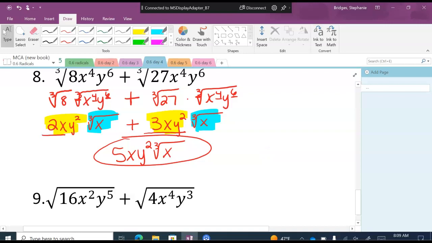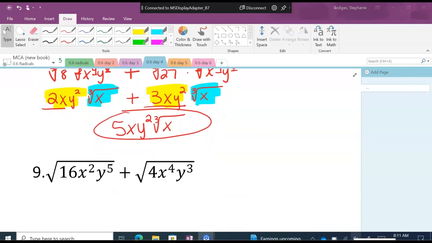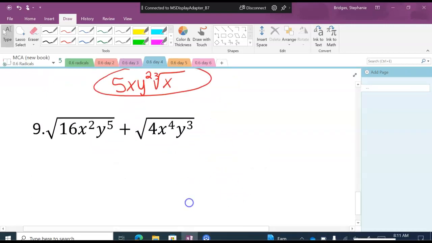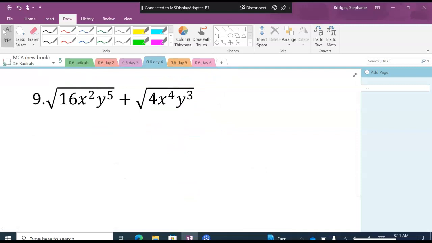Simplify each radical. And again, in order to be able to combine them, they have to be exactly the same variables with exactly the same exponents. All right, again, split up your numbers away from your variables, then simplify. If everything is not exactly the same with the exception of the coefficients, if the variables and exponents are not the same, then once you simplify, you cannot do anything else.